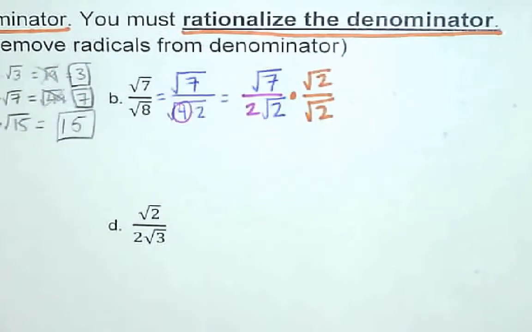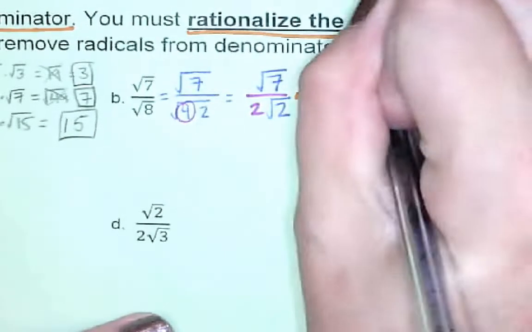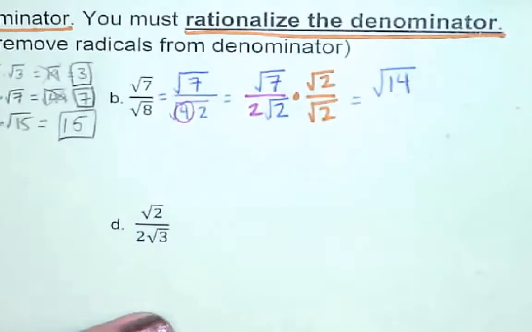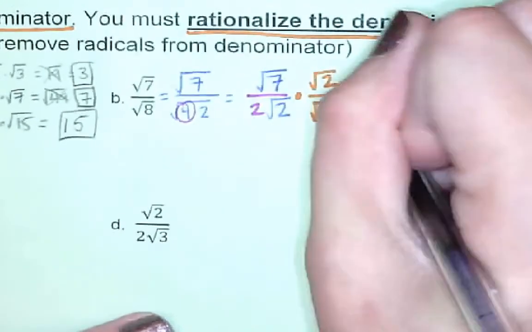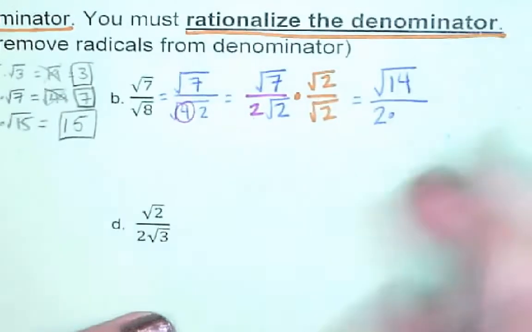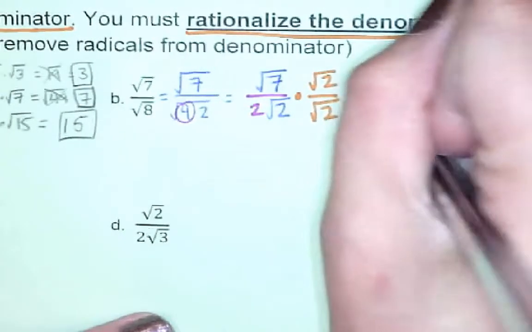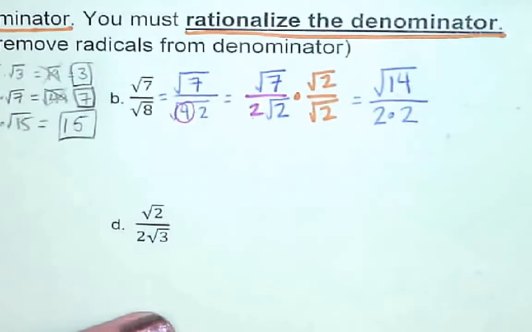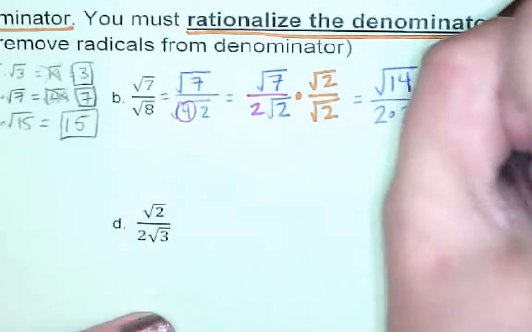So then, square root of 7 times square root of 2 gives us square root of 14. And then 2 is on the outside. And then square root of 2 times square root of 2 gives us 2. Are you guys comfortable with that? And then, guys, that becomes the square root of 14 over 4.